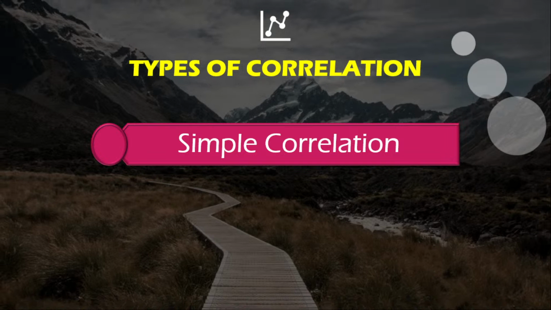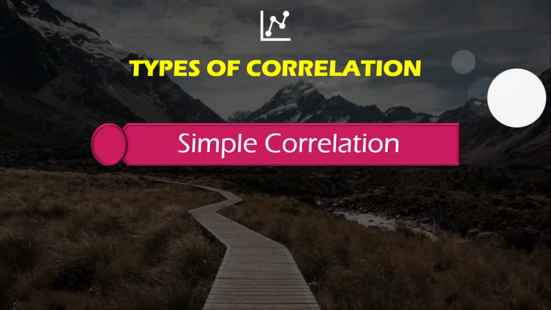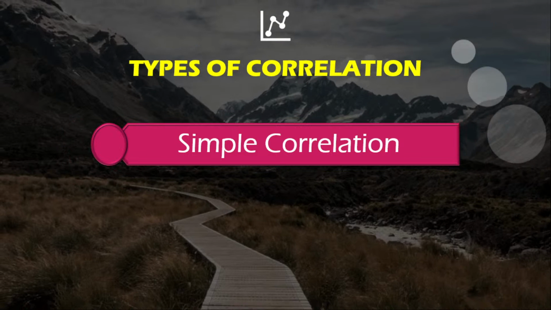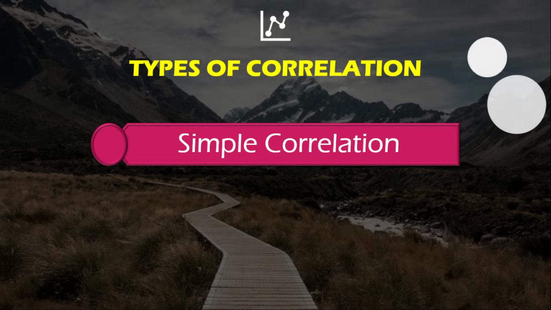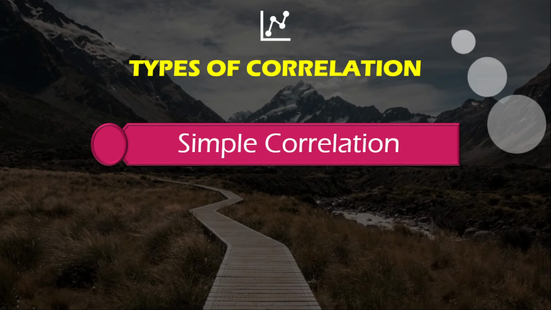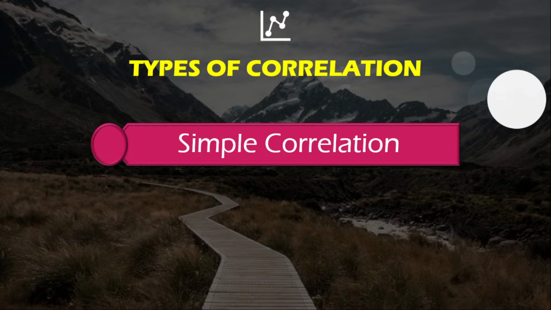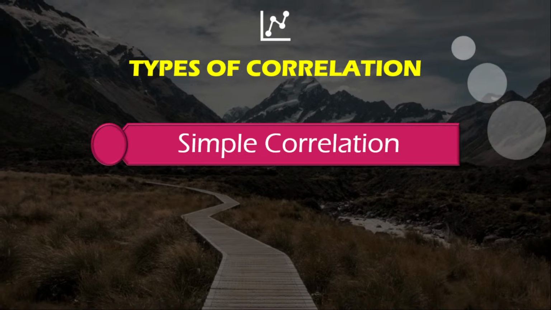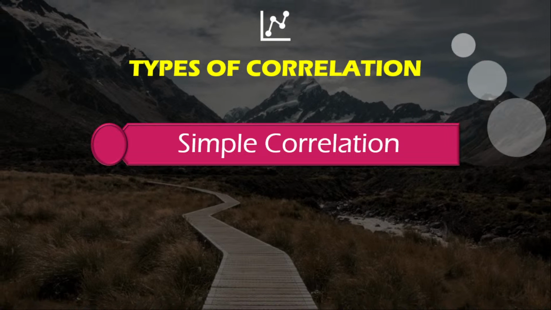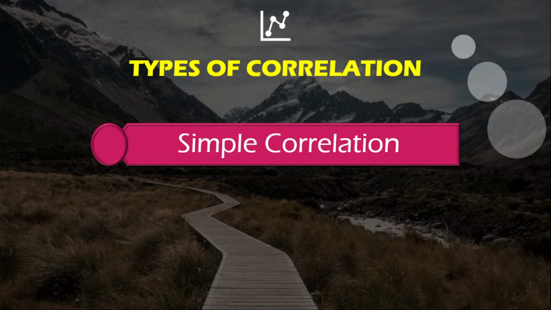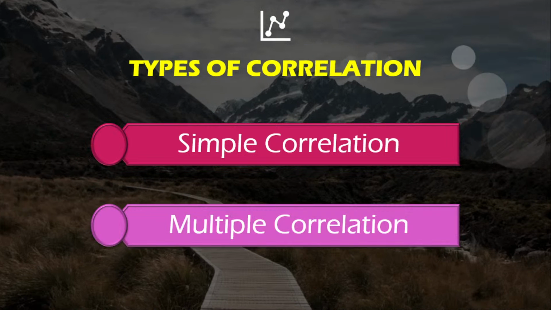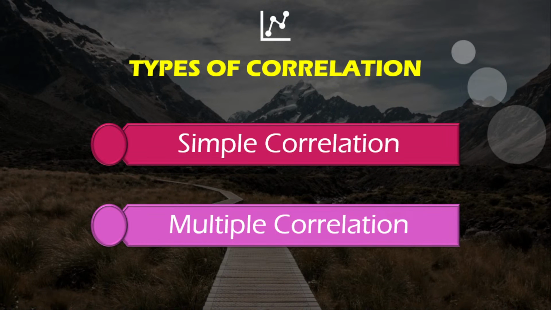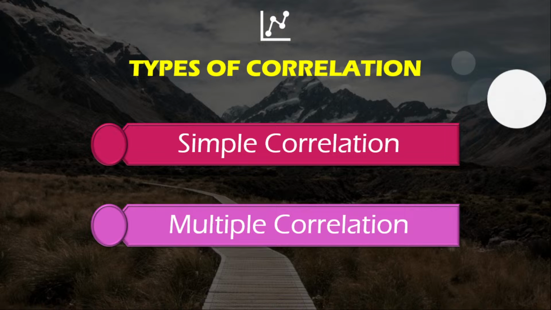It is analysis that checks if there is a relationship between the two variables, variable A and B. Then we have the multiple correlation. Once it's more than two variables, that's a multiple correlation.